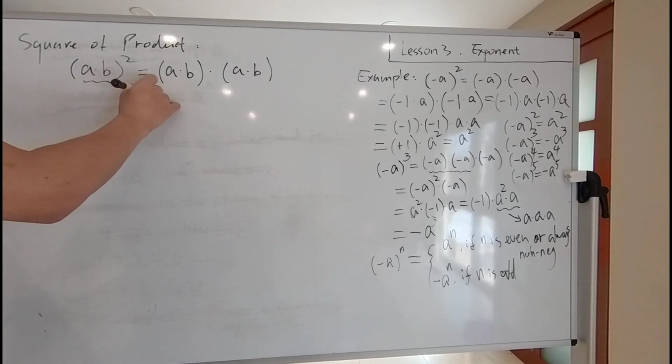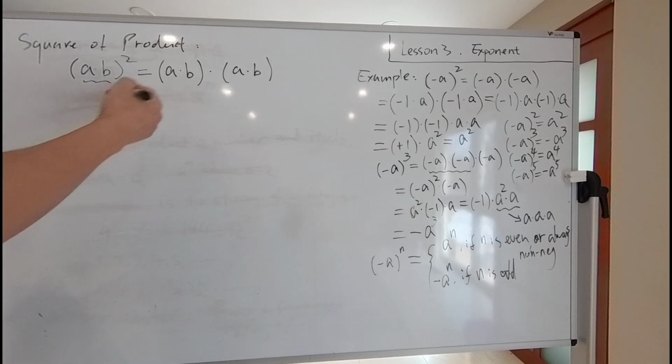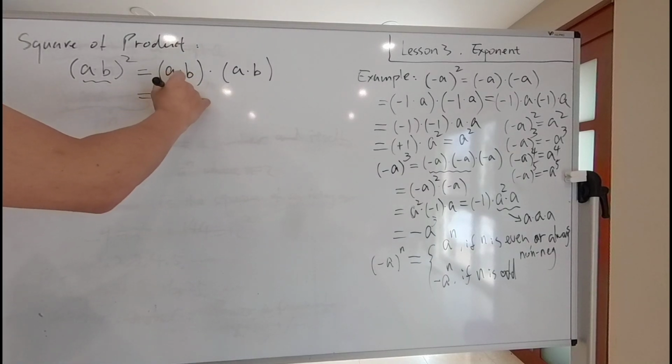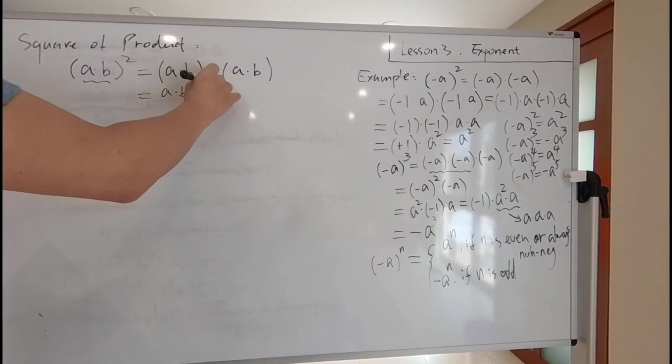And then again, by using the associative and commutative rule of multiplication, you will see that this can be written as a times b times a times b.